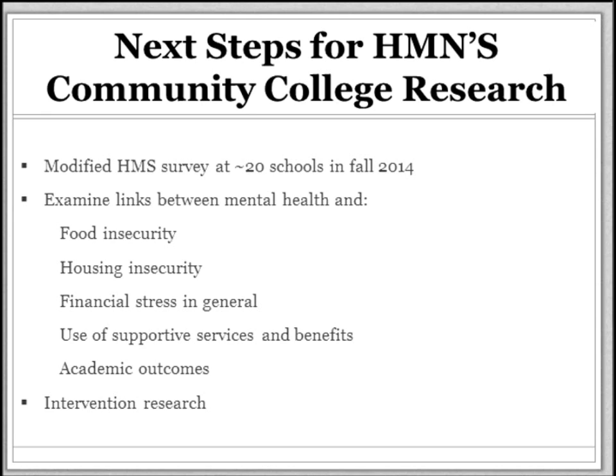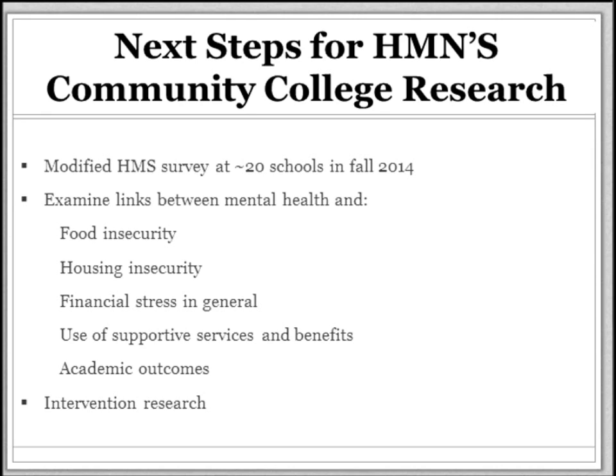As Sarah mentioned, in the fall we'll field a modified version of our survey at about 20 schools in partnership with Sarah Goldrick Rab and Single Stop and ACCT. And that data will allow us to look at a whole other set of issues related to mental health, like food insecurity, housing insecurity, financial stress in general, use of supportive services and public benefits, and how all this relates as well to academic outcomes.